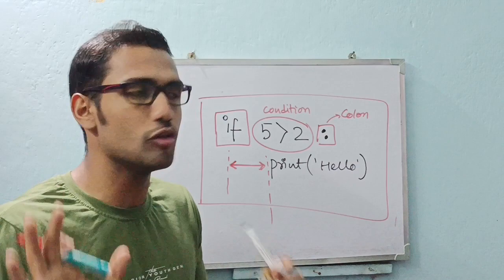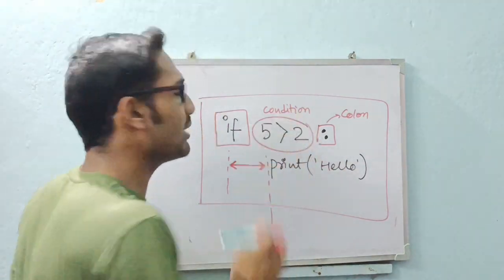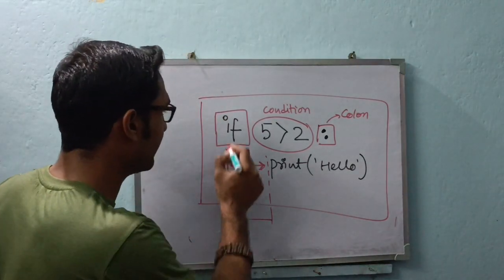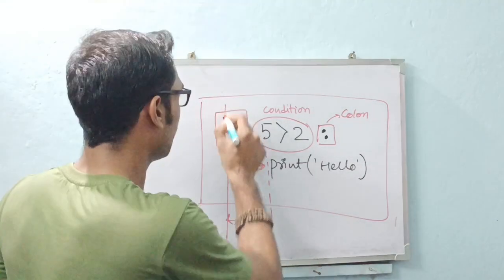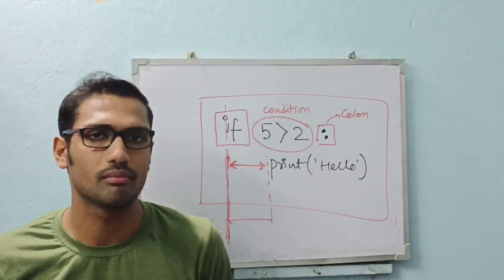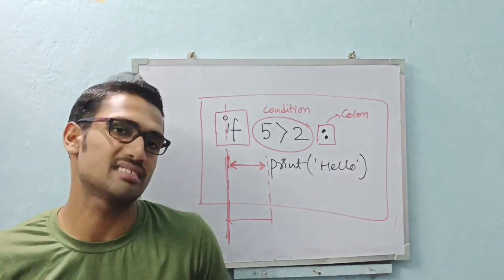And if you want to terminate the body of the if statement, just break this indentation and start writing on the indentation of the if statement. Clear? I hope this much is clear to you.